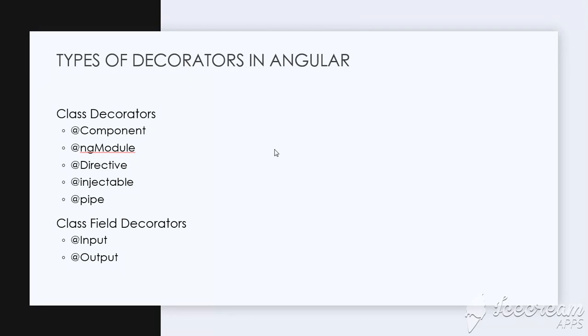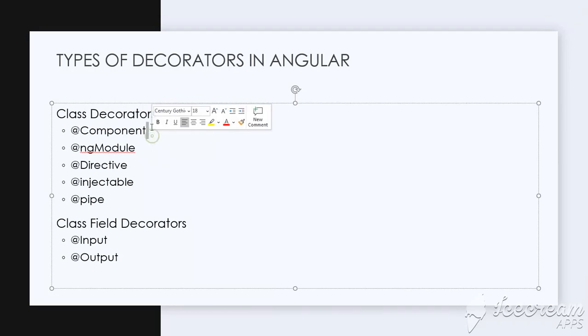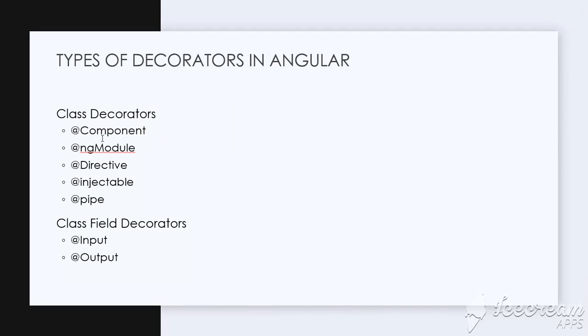So to send data from child to parent, you use @Output. To receive data from parent to the child, you write @Input decorator.